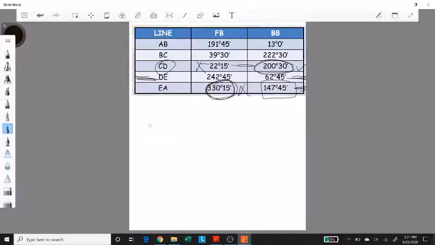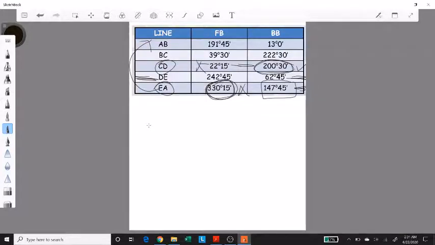So one way to proceed with this question would be to perform the corrections at this line EA, since we know that the forebearing of the line is correct and we can find out the error in the back bearing. In turn, that would be the error at the point A. And once we have that error, we can go to the line AB and then start applying the corrections.